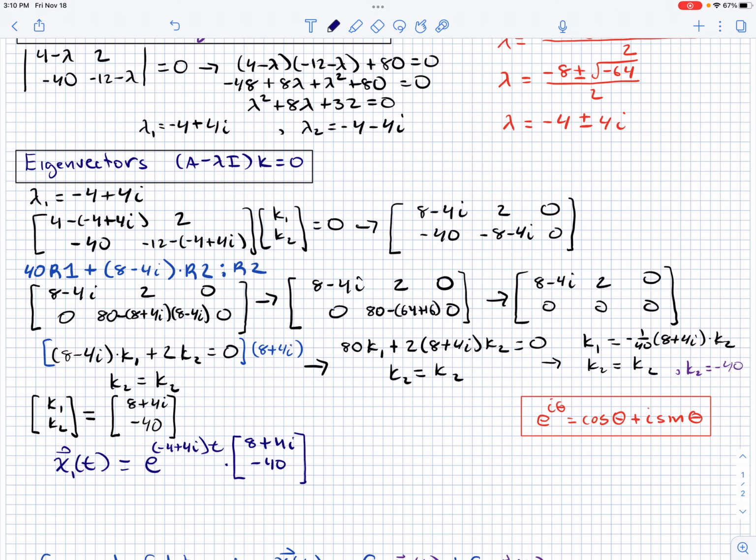And simplifying that even more, we can split this up as e to the negative 4t times e to the 4i t, and then times 8 plus 4i, negative 40.